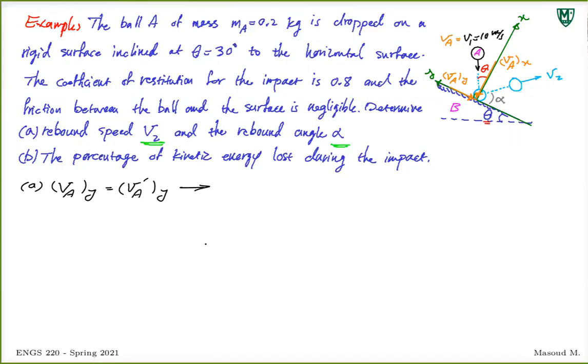Wouldn't it be V1 sine theta? Yes, V1 and VA are the same. So that would be V1 sine theta, negative, because we are in the negative direction. So that would be minus V1 sine theta. If anyone disagrees, just tell me now.